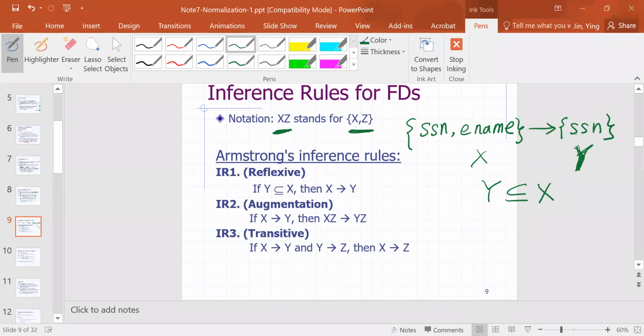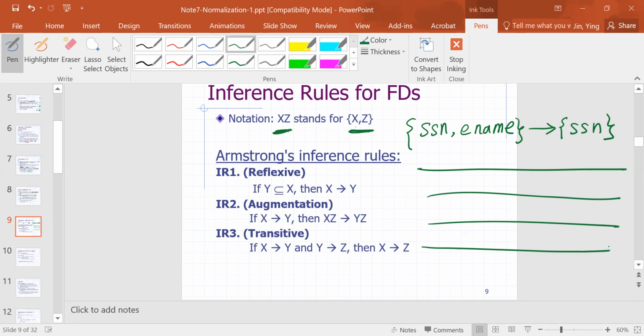Let me show with tuples: if I have 2 tuples with the same SSN and the same ename, the other side is also SSN, so of course if the left is the same, the right is the same. According to the functional dependency definition, when the same left always gets the same right, this is always true. That's why this is always true.